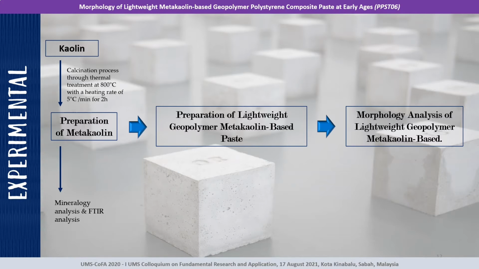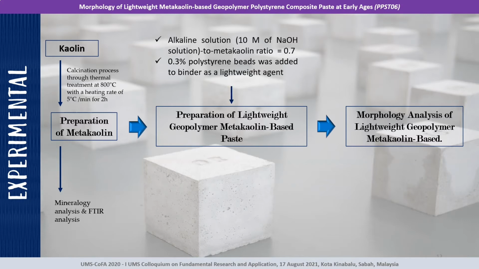In the preparation of lightweight geopolymer metakaolin-based paste, 10 molar sodium hydroxide solution was used as the alkaline solution. For the mixture, an alkaline to metakaolin ratio of 0.7 was used. Then, 0.3% of polystyrene beads was added as a lightweight agent.